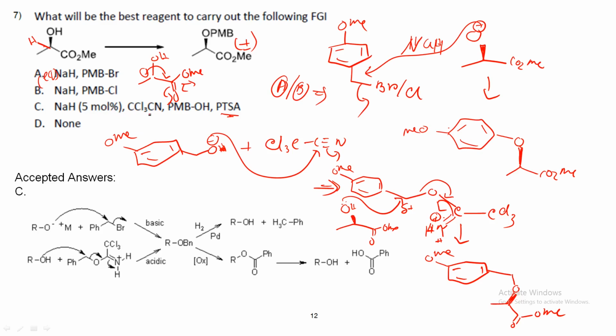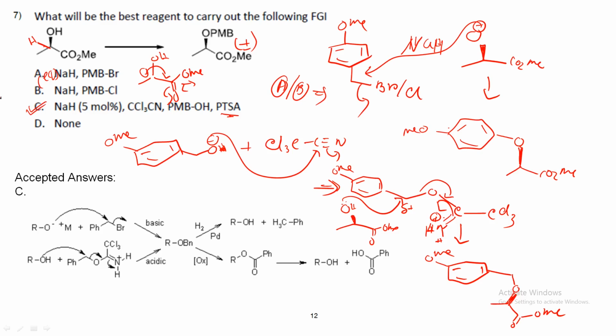Here we are using this to generate a very good leaving group. The leaving aptitude of this is so high that the alcohol itself can attack this and do the substitution reaction and make the PMB protection. So to minimize the racemization, condition C would be the best choice.